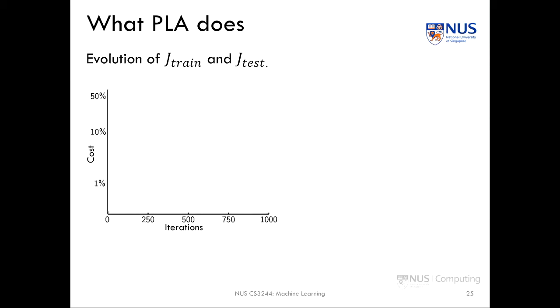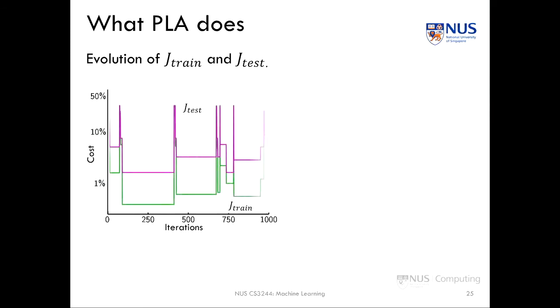Let's look at what PLA does to train the classifier and how it evolves over the cost function. Here, the cost function is just the change in accuracy over time as we get the training set more and more closely separated. In the green curve, we see how the cost function evolves over the iterations.